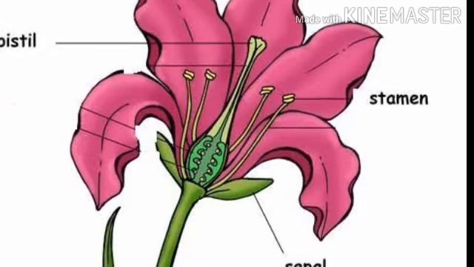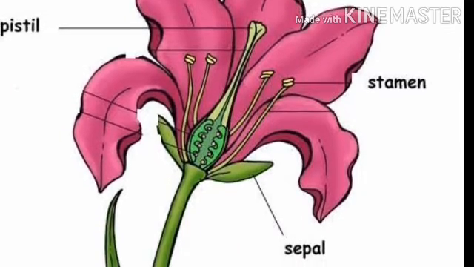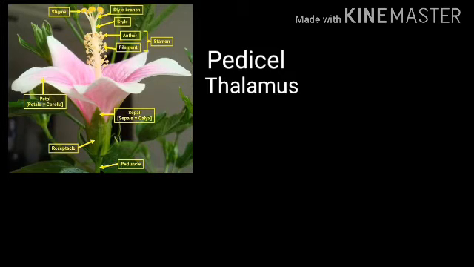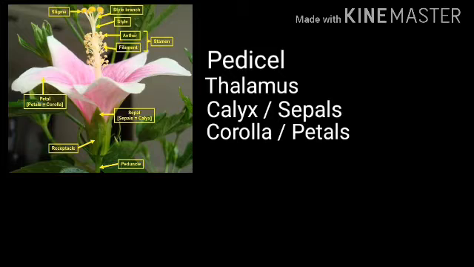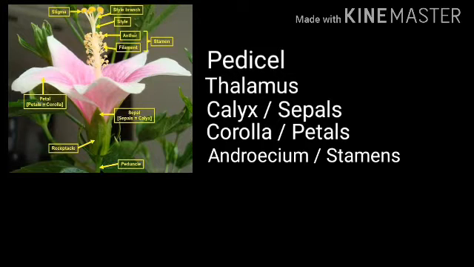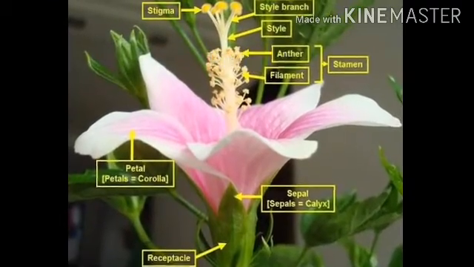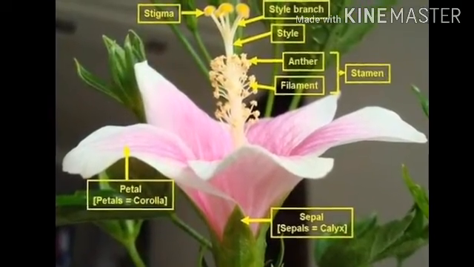Now, can you see the major parts of flowers, which are pedicel, thalamus, calyx or sepals, corolla or petals, androecium or stamens, and gynoecium or pistils. Are all parts having similar functions? No.